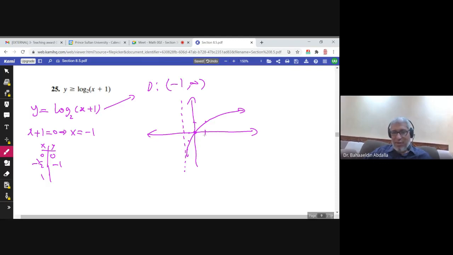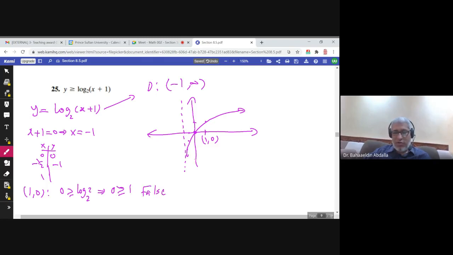So for example, I choose this point, which is (1, 0). You cannot choose (0, 0) here because it belongs to the curve. So if I choose (1, 0), put y is 0, greater than or equal to log of 1 plus 1, which is log 2 to the base 2. Log 2 to the base 2 is 1. Is 0 greater than or equal to 1?